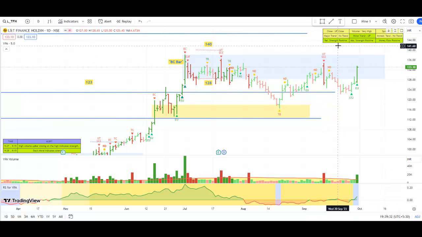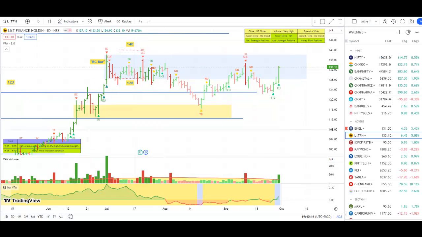Now we have added this, the relative strength, whether it's positive or negative, which is in relation to the broader market, NSE 500 in the case of the Indian market, the absolute strength, which is the strength of the stock itself, and finally the money flowing into the stock. So these are displayed here in terms of text, as well as the color will change. If the relative strength is negative, it will become red here.